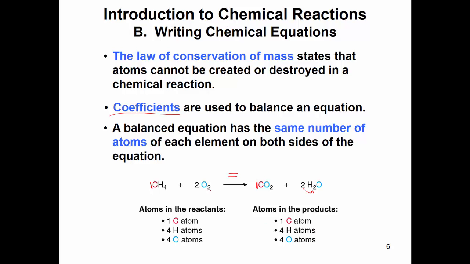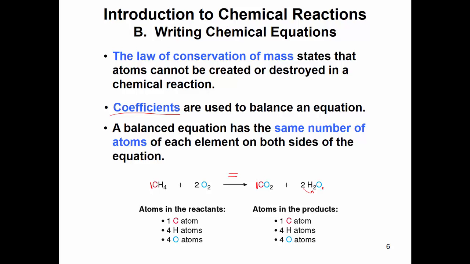Then we have 2 times 2 oxygen atoms, and we have 2 oxygens here. Remember, you multiply through by the subscript, and there's an understood 1, so we have 2. But then we also have 2 here, 2 times 1 is 2. So we have 2 plus 2, so we have 4. And so this is a balanced equation.